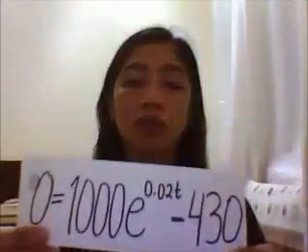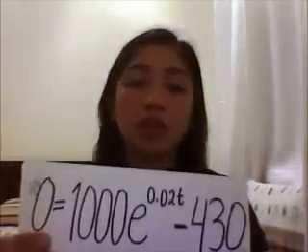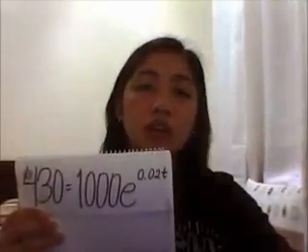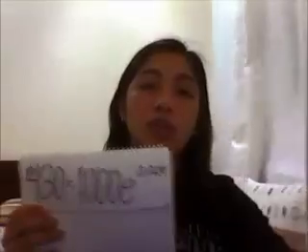Now we can know the time it takes for the silver resources to be depleted, making your S equal to 0. And then you have to compute for t, which will make your equation 0 equals 1000e^(0.02t) minus 430. From there, you have to transpose 430 to the other side, leaving you with 430 equals 1000e^(0.02t).